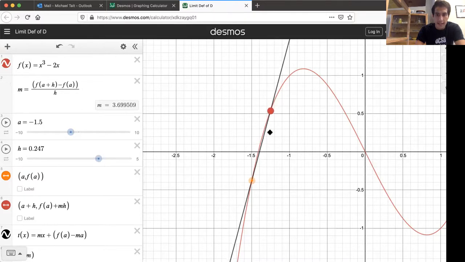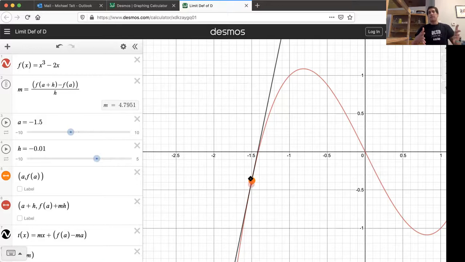As I take this limit, the limiting value is going to be the tangent line here. So the slope of the tangent line to this curve is going to be the instantaneous velocity at time t.